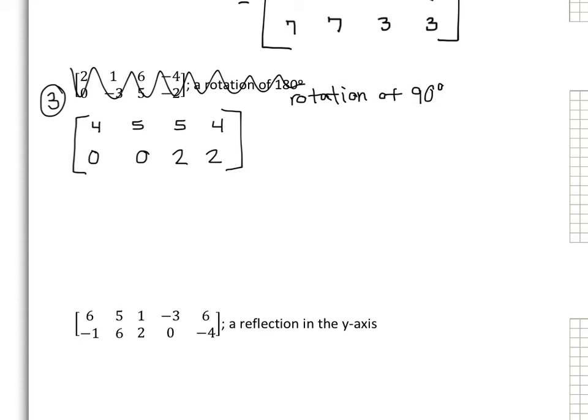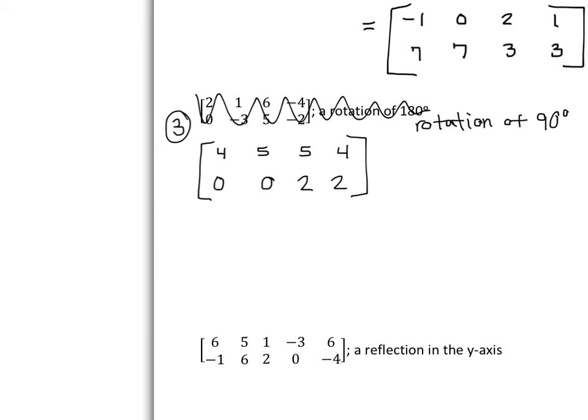The original. You saw the rotation matrix for 90 degrees on the front of your notes. Do we put that in front of our original or after our original? In front. So it was 0, -1, 1, 0, like that.